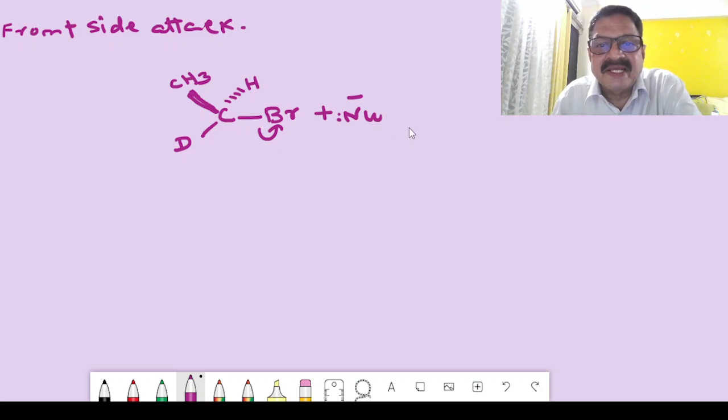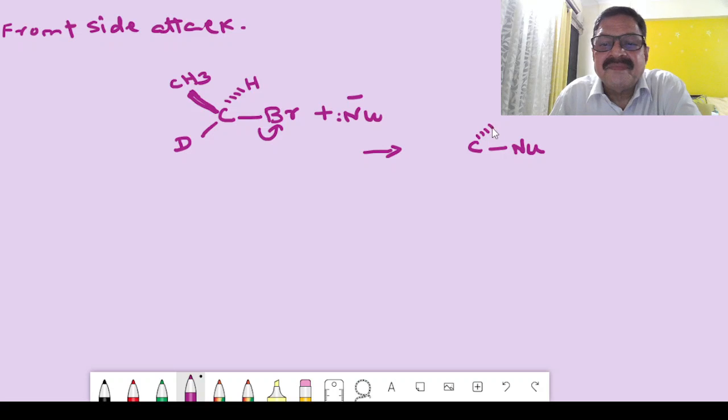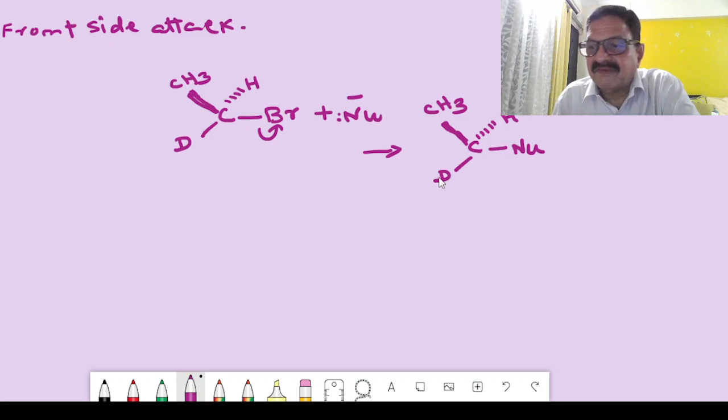Now what is the nature of the product here? The nucleophile will replace or substitute the bromine from the same side. The other groups are all intact. There is no change here. The methyl group on the wedge remains like this, and the deuterium remains like this, and Br minus.